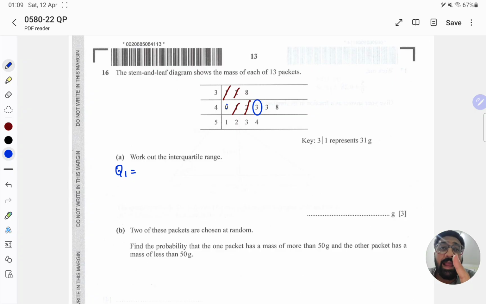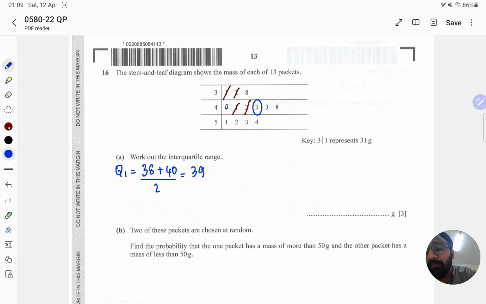So I have to add them and divide it by 2 to find out the lower quartile. Remember, this is not just 8, this is not just 0, this is 38 and that is 40, and I will divide that by 2, and that is going to give me 39 as the lower quartile.